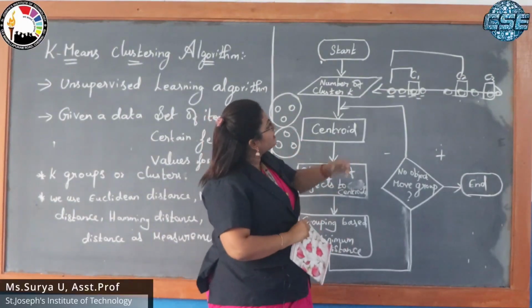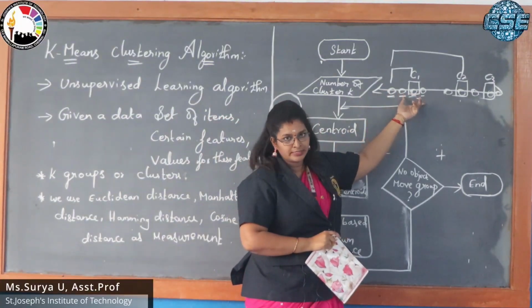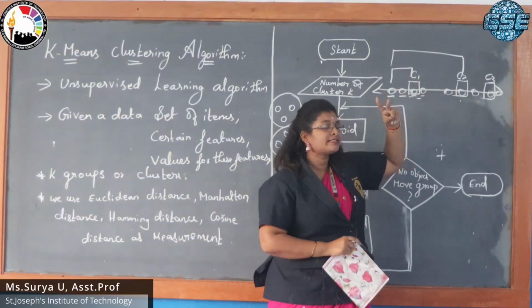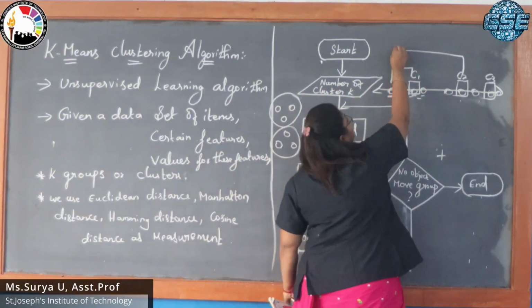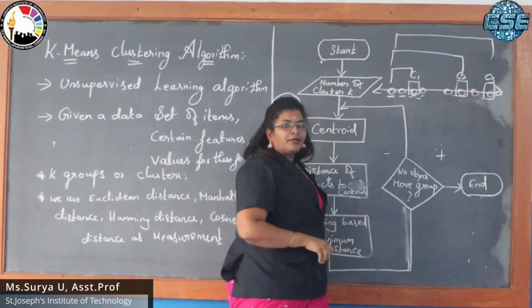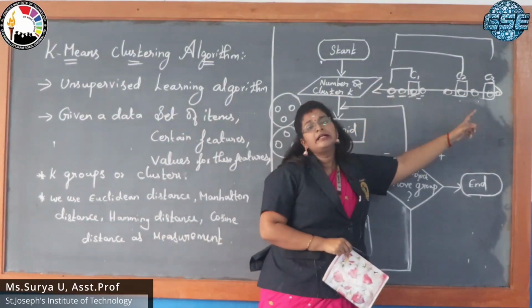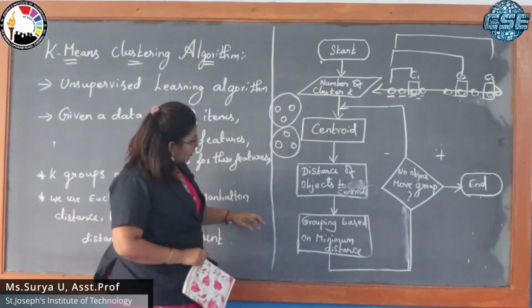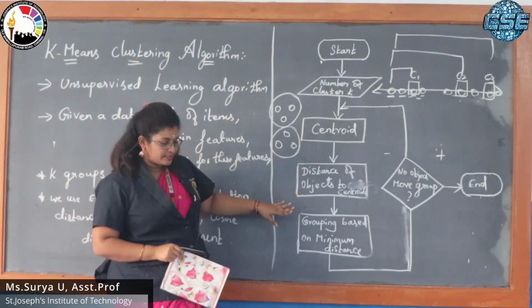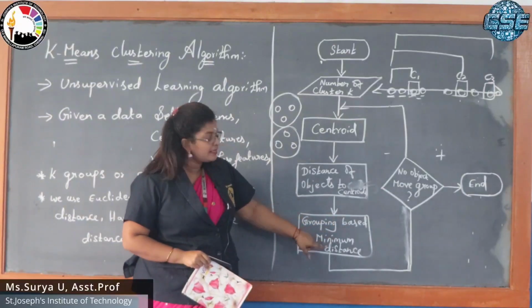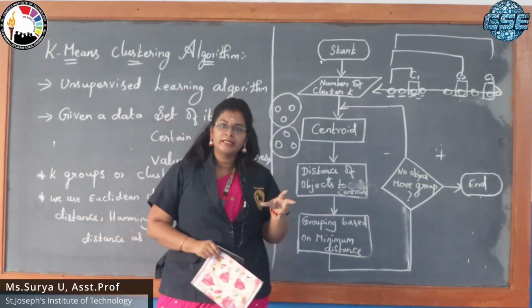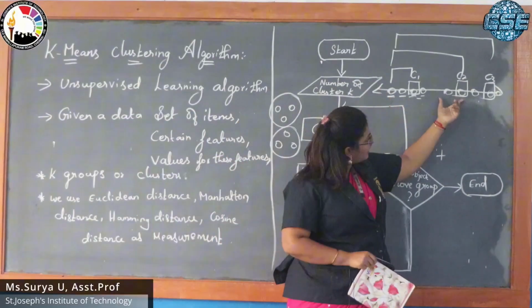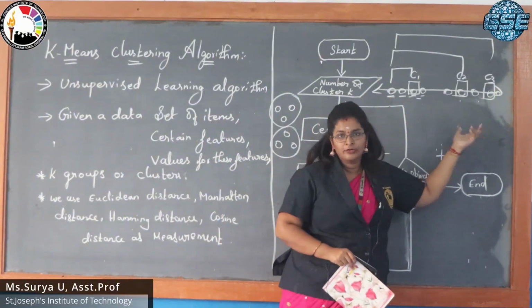You have to calculate the distance from my first point to the first centroid, then from my first point to the second centroid, and then from my first point to the third centroid. This is how you have to calculate the distances. After calculating those distances, you have to group the data based on the minimum distance. So you have calculated some values for this, some values for this and some values for this.